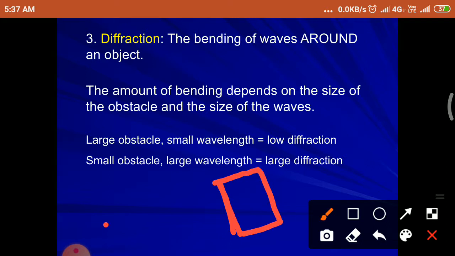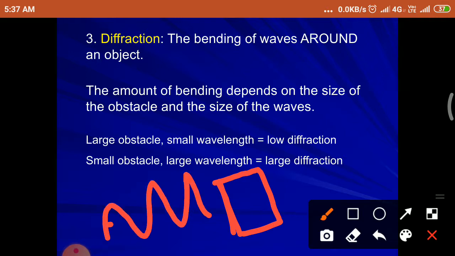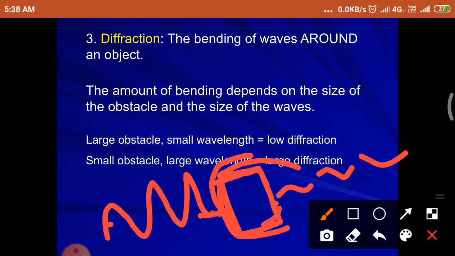When the wave travels in this direction, this is an obstacle for the wave, so it bends along this object and moves to the other side. This bending is called diffraction. The bending depends upon the size of the obstacle.